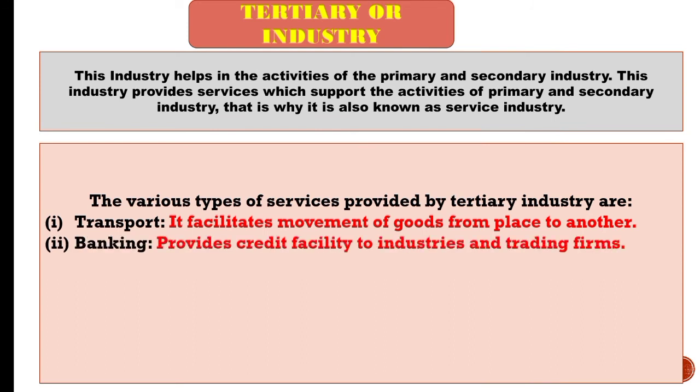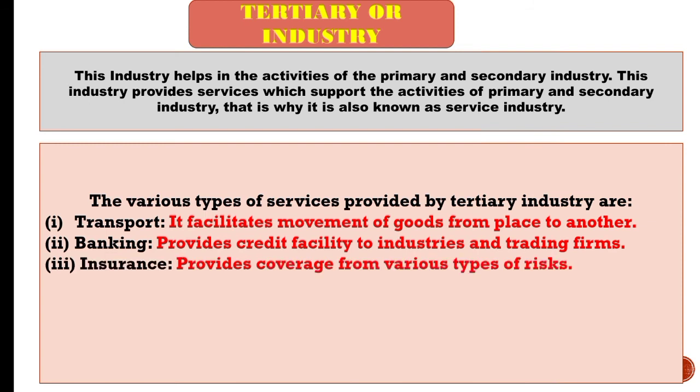Next is banking. Banking provides credit facility to industries and trading firms. The producer always needs some credit, so he can go to the bank and the bank can provide some credit so that he can carry on the business activity easily with the financial help provided by the banks.